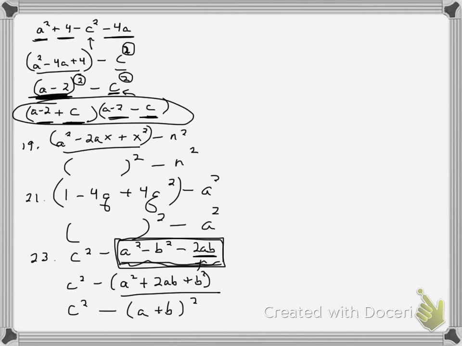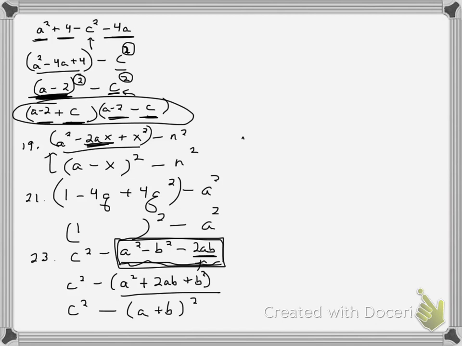just in case. Okay, this one would be a minus x squared, because if I went ahead and did FOIL back, I get a squared minus 2ax plus x squared.